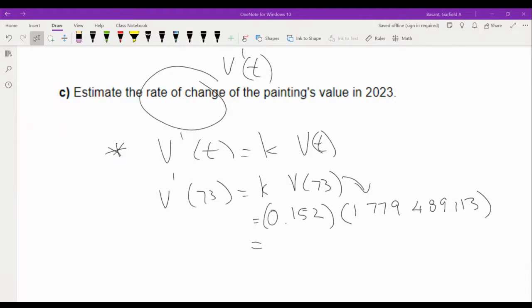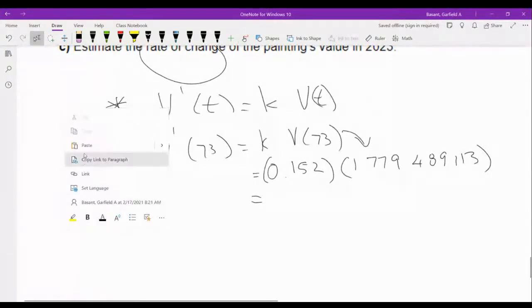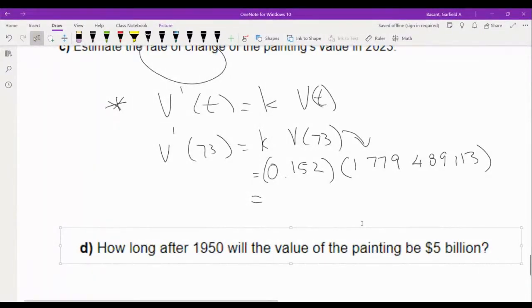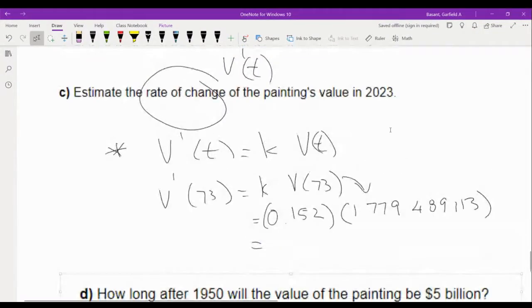Sorry, can you go over where you're pulling these values again? I'm just copying the problem. Which one are you talking about? The 0.152, like both values. All right.